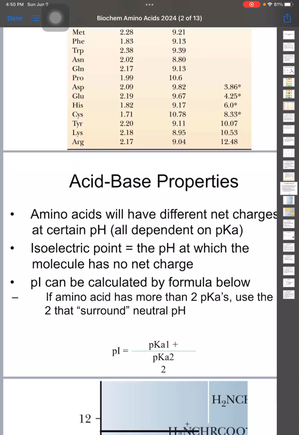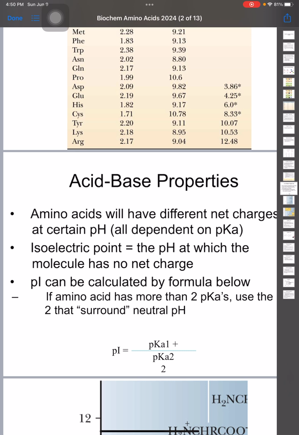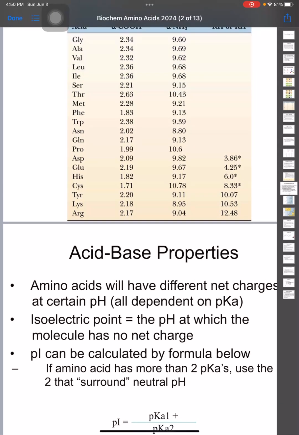It's a little bit more difficult if you have 3 pKa's, but still not too hard. What you do to find the isoelectric point there is you pick the 2 pKa's quote-unquote surrounding neutral pH, which would be 7. So, for example, let's say we wanted to calculate the isoelectric point of aspartic acid, ASP. All right?